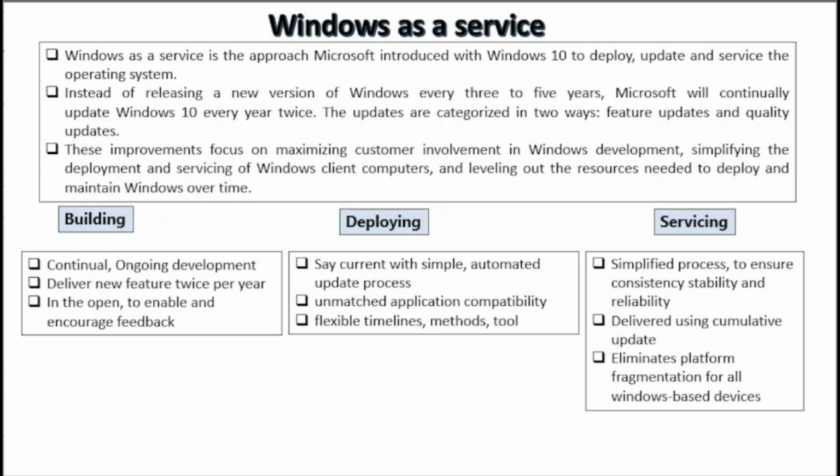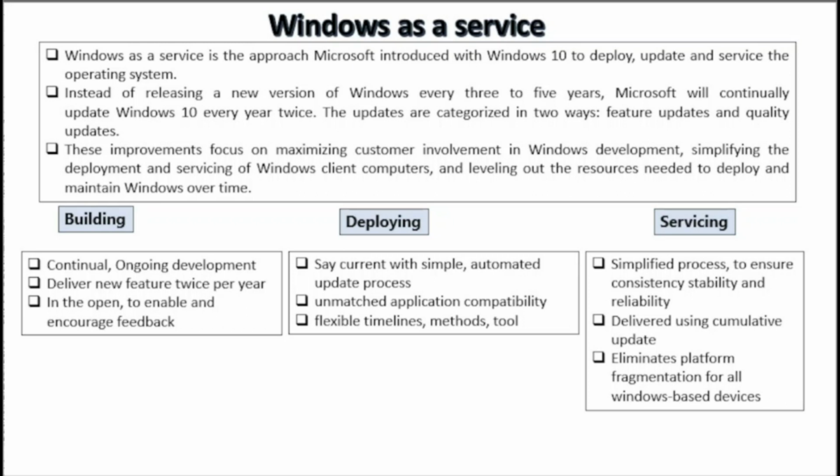Traditionally, Windows servicing has included several release types: major revisions, service packs, and monthly updates. With Windows 10 and Windows 11, there are two release types: feature updates that add new functionality and quality updates that provide security and reliability fixes.